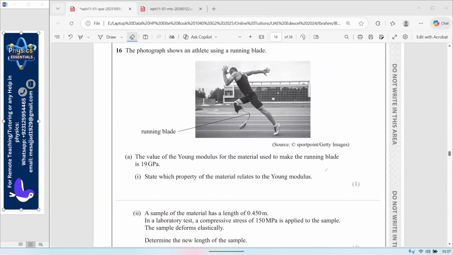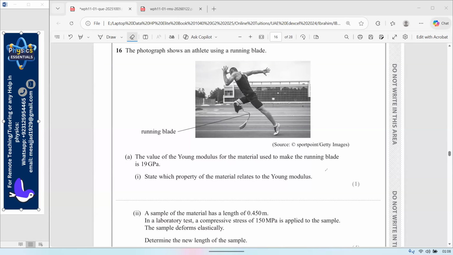Question number 16. The photograph shows an athlete using a running blade. The value of the Young modulus for the material used to make the running blade is 19 GPa. State which property of the material relates to the Young modulus. Young modulus is a number that tells you how hard or how soft a material is, which we call stiffness.